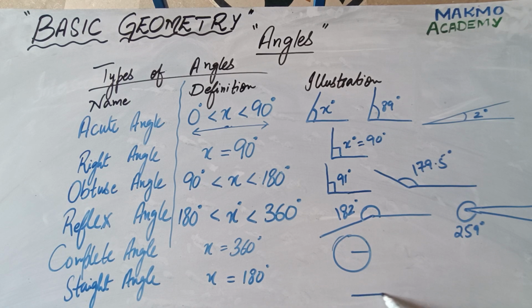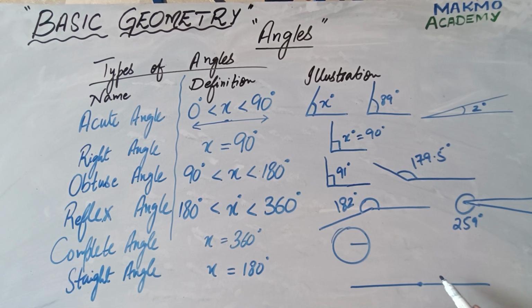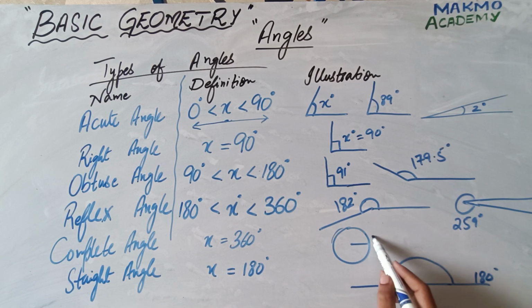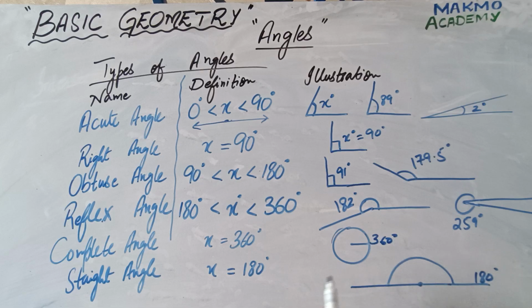It is represented by a straight line. For example, if we are calculating from this end and ending at this point, it would be 180 degrees, x is equal to 180 degrees, and it would be represented by a straight line. And the complete angle is represented by a circle which is equal to 360 degrees.